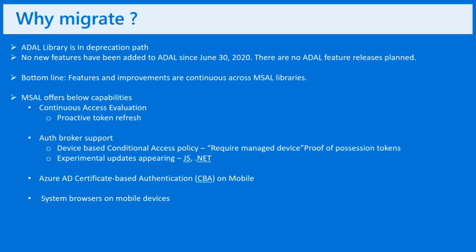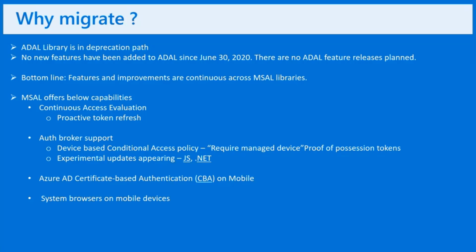So whatever the focus or the energy or the efforts from Microsoft's standpoint, all those things are going into MSAL. That is one of the reasons why it is important for an application which is using ADAL to get migrated to MSAL, so that they can be up to date with the security related fixes as well.